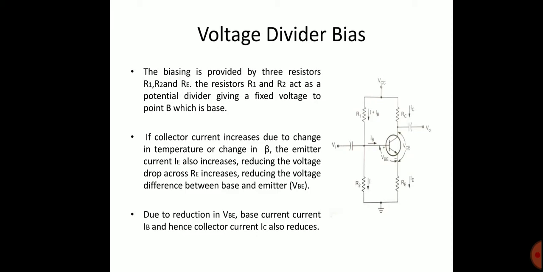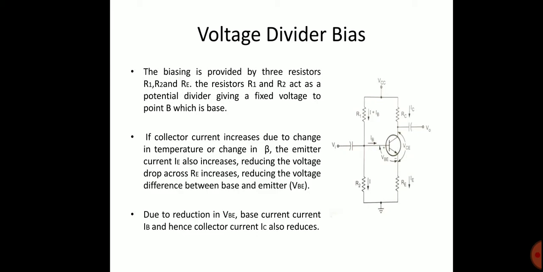The voltage bias is provided by three resistors R1, R2, RE. The resistors R1 and R2 act as a potential divider, giving a fixed voltage to point B, which is the base. If collector current increases due to changes in temperature or change in beta, the emitter current IE also increases.